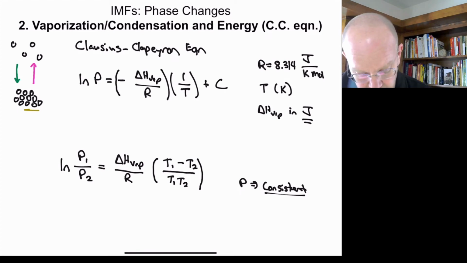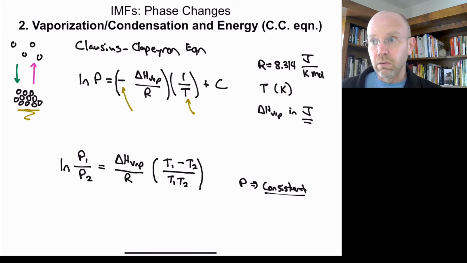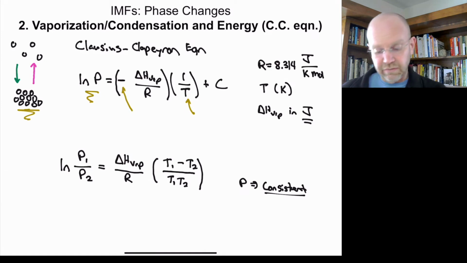So as we heat up a liquid, as we increase its temperature, 1 over T becomes a smaller number. Notice that there's a negative sign here, so that whole right side becomes less negative as the temperature goes up. And that means that the pressure is going to increase. The natural log of P will increase as the left side becomes less negative, right? It's a 1 over T, so it's becoming less negative. So there's this kind of reciprocal relationship between temperature and pressure.